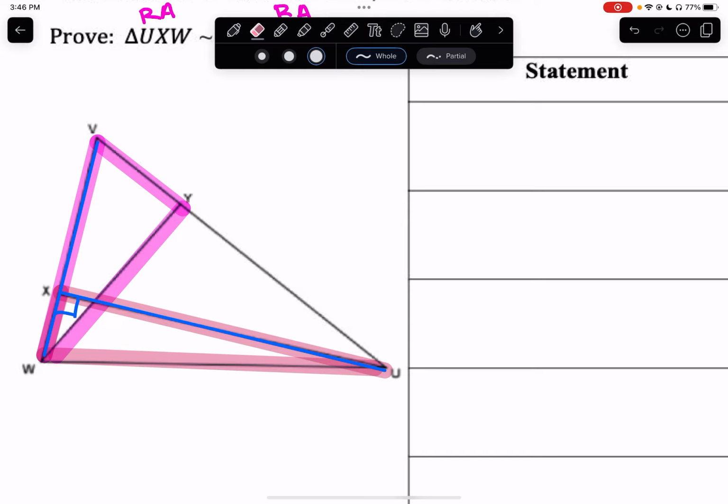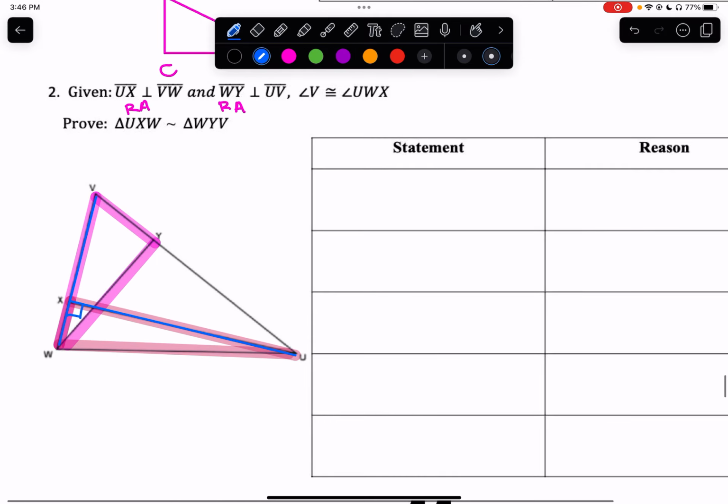So I'm actually going to erase this one because it's not going to help me. And then I also have that WY is perpendicular to UV. So again, I'm going to draw my right angles where it is inside the triangle. So now I can see that I'm going to have a pair of congruent right angles because of perpendicular lines.